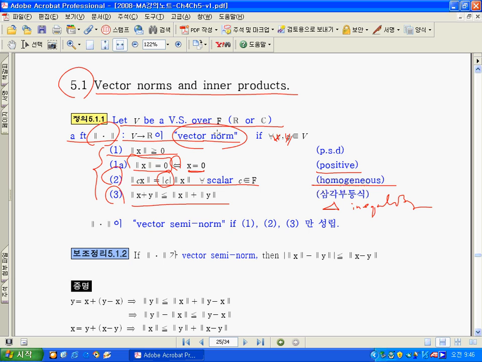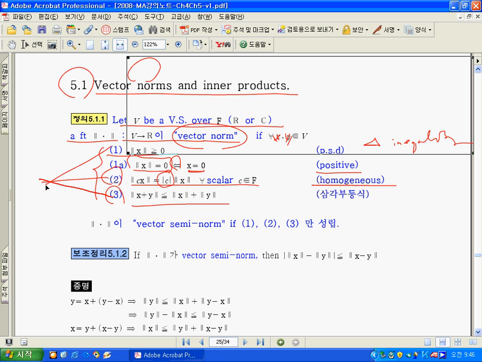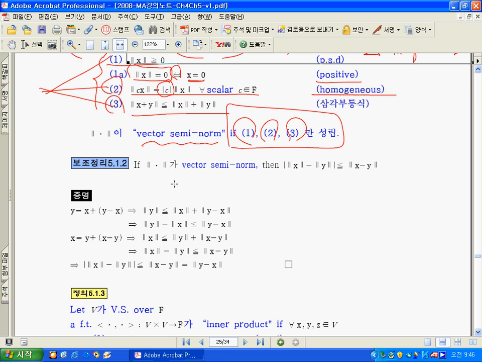If it only satisfies these three conditions, 1, 2, 3, then we call it a vector semi-norm. Let's see. Suppose this function is a vector semi-norm, then we can have this inequality. It is very easy because y can be written as x plus y minus x.